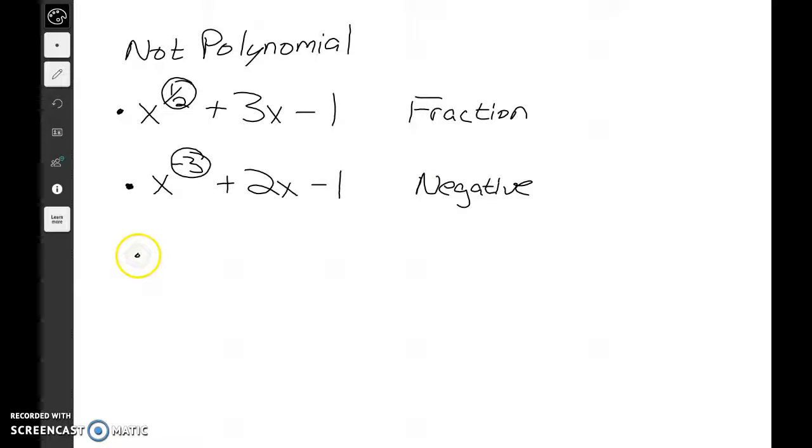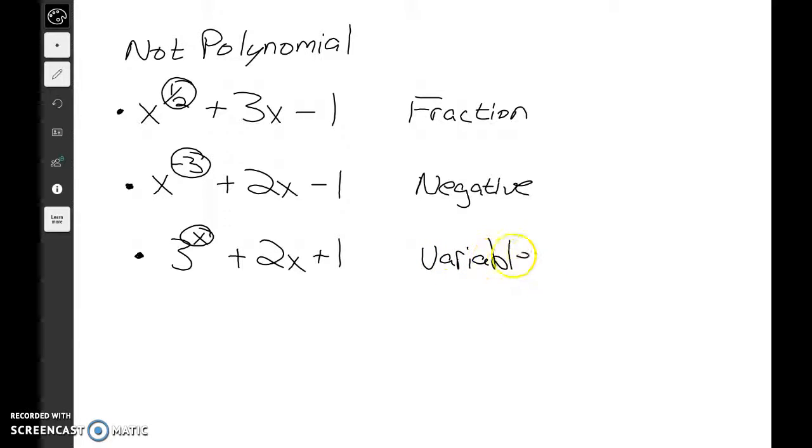And the last example is when we have a variable in the exponent, something like 3 to the x power plus 2x plus 1. This is not a polynomial because of the variable that is labeled as the exponent. So a variable causes this not to be a polynomial.